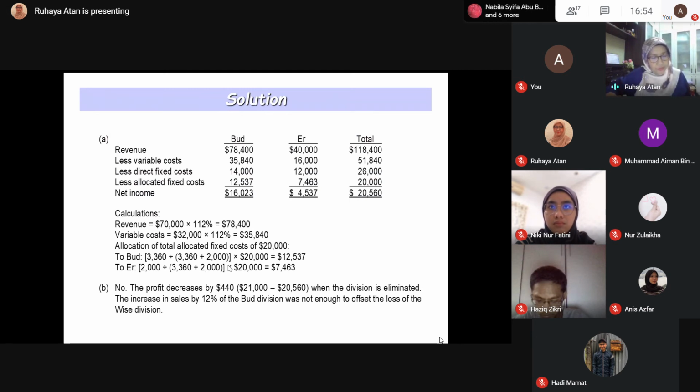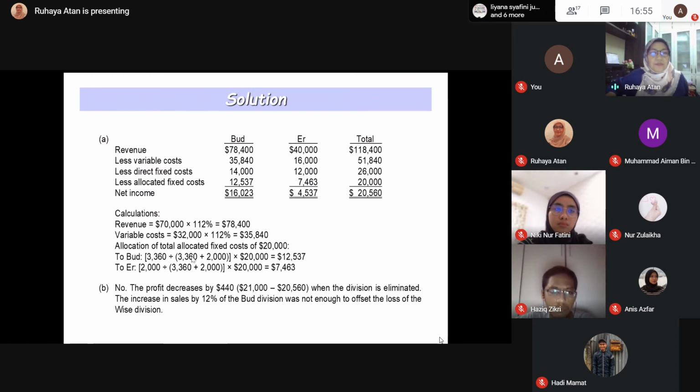And that is how you divide the fixed cost of 20,000. So when you close the division, you need to absorb the fixed cost. So here the fixed cost you need to include as 12,537. And 7,463. How do you get that?